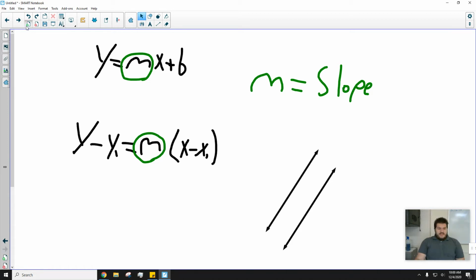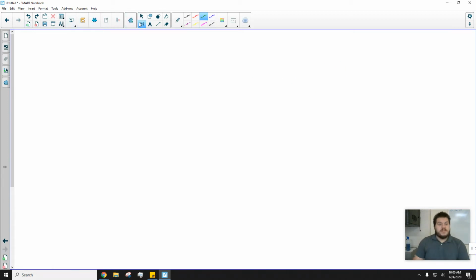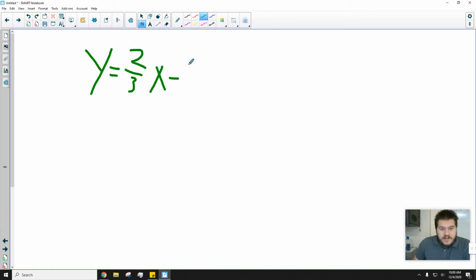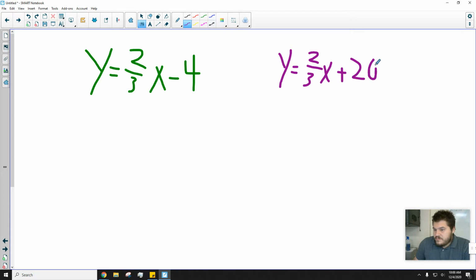So, for example, say that we have a line that has y equals 2/3x minus 4, okay? Then we had another equation that was y equals 2/3x plus 20.